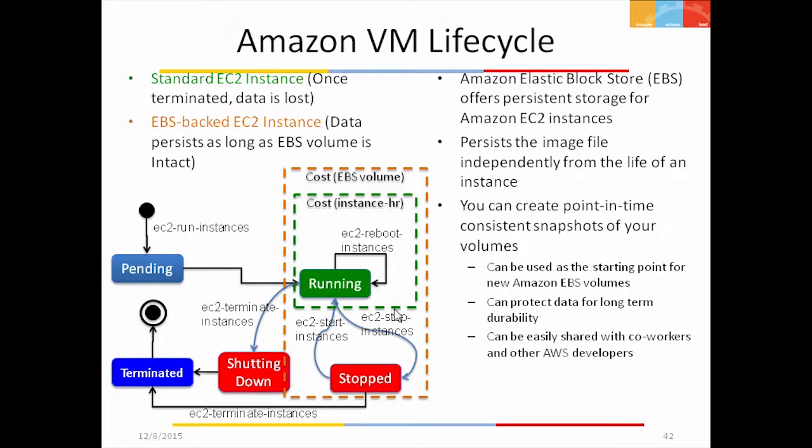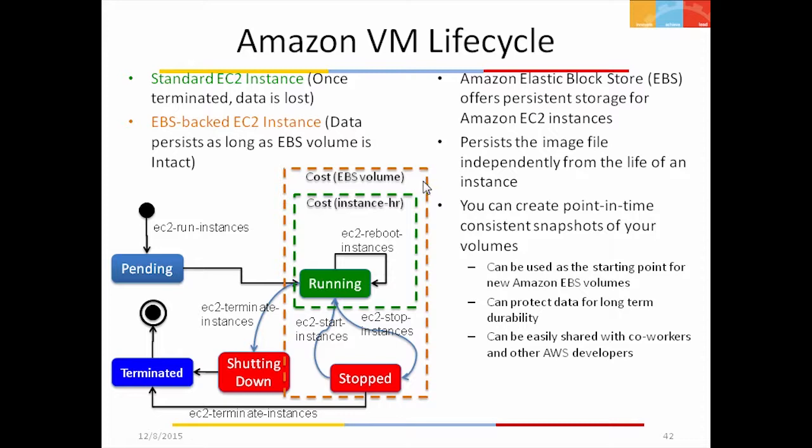So you can basically create a point-in-time consistent snapshot for your volumes. You can say that you want to snapshot your image as well as snapshot the data volume. This can be used as a starting point for new Amazon EBS volumes. If you create a snapshot, and later you want to create a new VM, you can say create a new VM, but use the old snapshot.